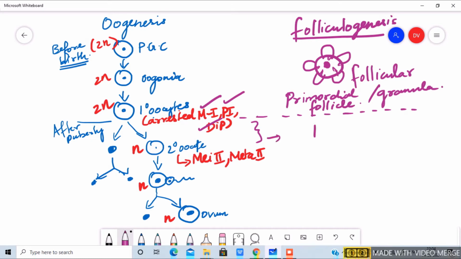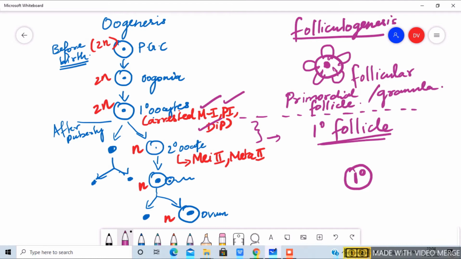Now what is the primary follicle? In the primary follicle you can see some development in the follicular cells. The egg cell there is the primary oocyte. In the primary follicle, the primary oocyte is in the center, surrounded by the granulosa cells.